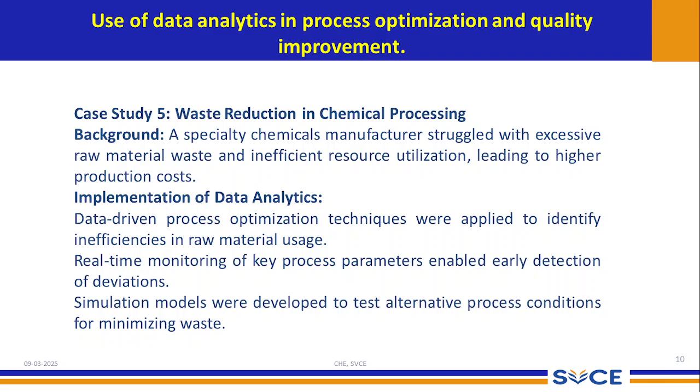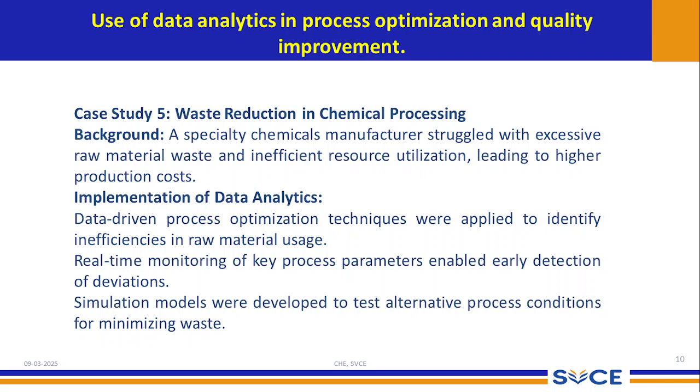Coming to case study 5, waste reduction in chemical processing. A specialty chemical manufacturer struggled with excessive raw material waste and inefficient resource utilization. The raw material is not utilized effectively, and inefficient resource utilization leads to higher cost, which is a loss to the company and leads to higher production cost.